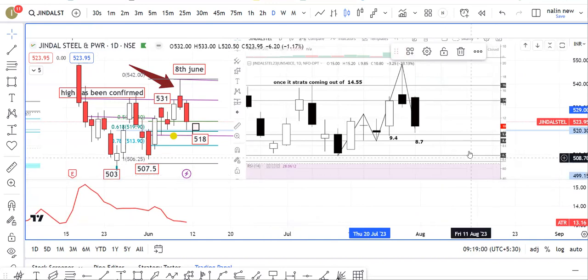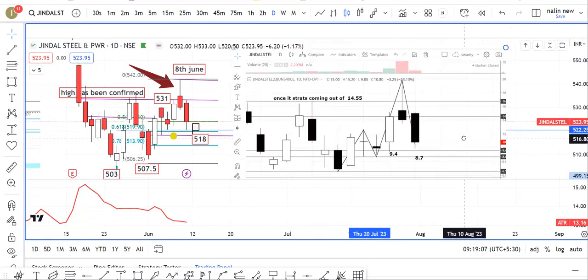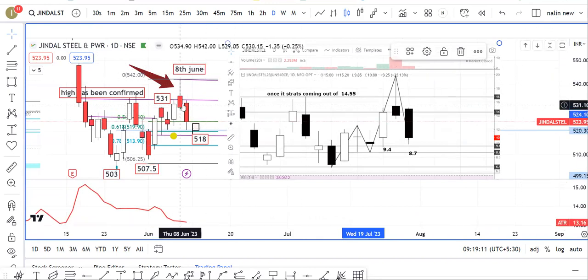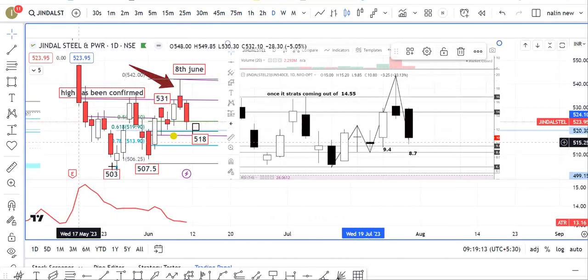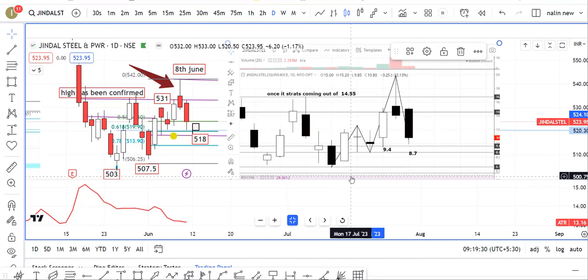I've pasted it over here, option pricing from my Zerodha account, because we don't get option charts on TradingView. So I have discussed thoroughly the structure and price movement of Jindal Steel and Power. In the same way, I'm going to talk about the particular call option, what has happened to that.